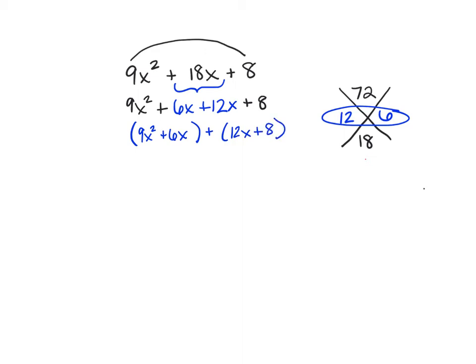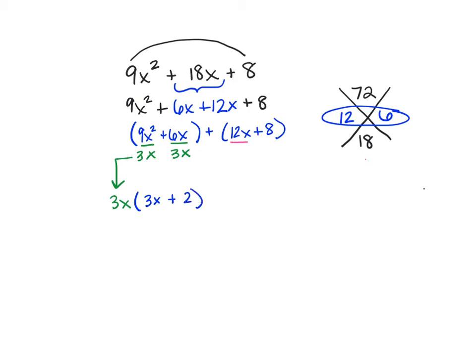And now let's look at what we can factor out. It looks like we can factor out an x out of the 9x squared plus 6x, and a 3. So that's 3x, and then we are left inside with 3x plus 2.